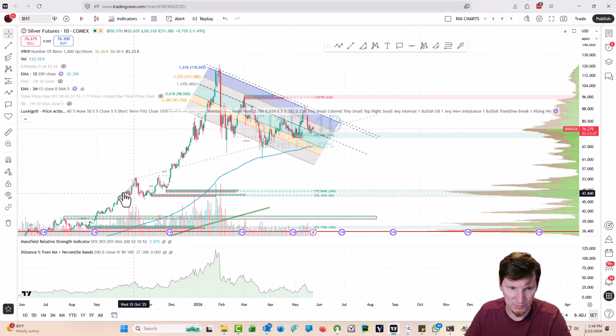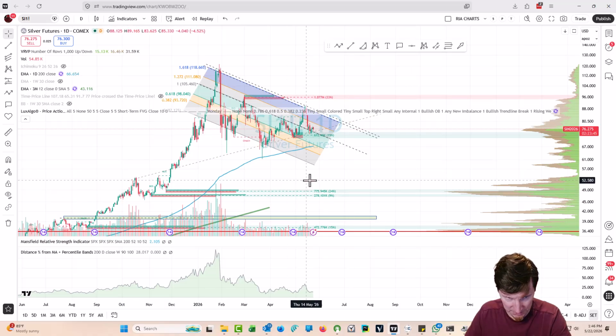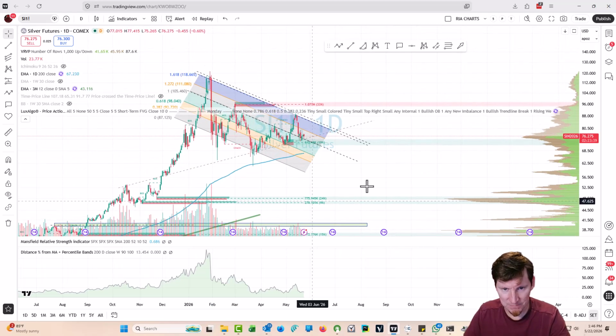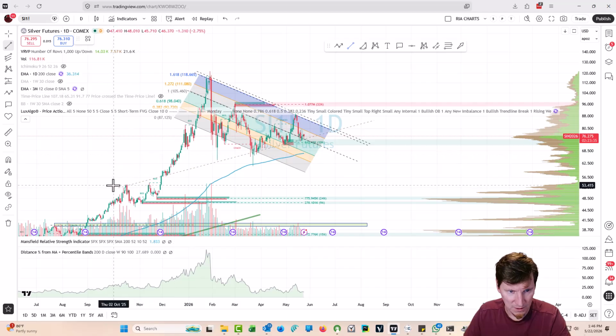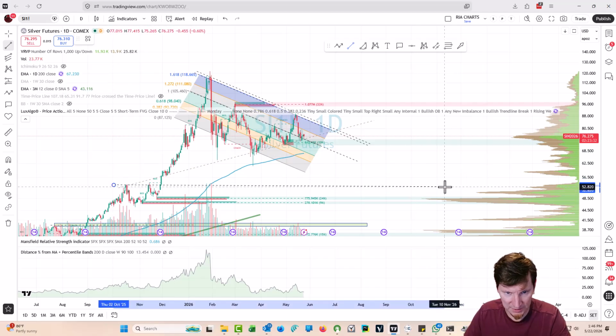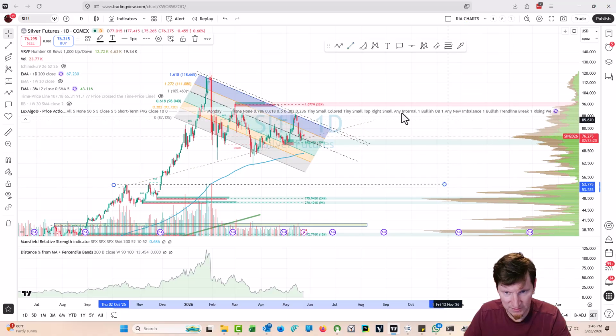I was fairly strongly convinced we would retest these previous all-time highs in the lower 50s, mid 50s, and I think that's going to be a pretty tall order. We've just gotten too far away, and there's too much support. And on this line, the rule of thumb is 4th and 5th touches of the overhead.